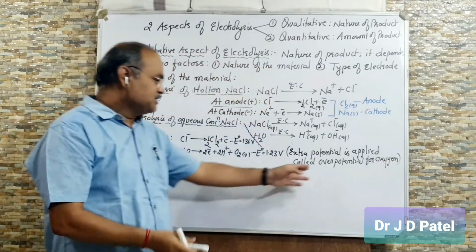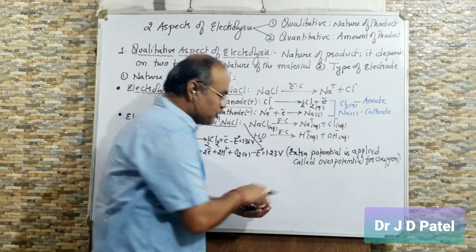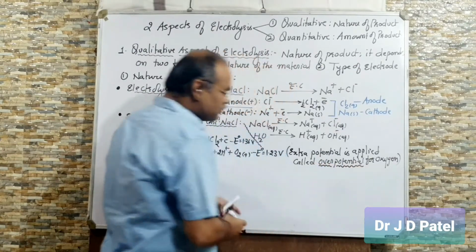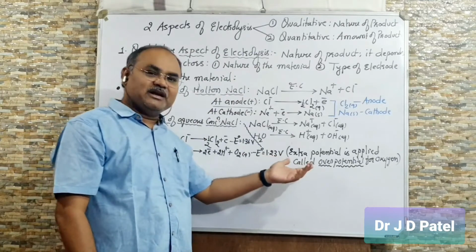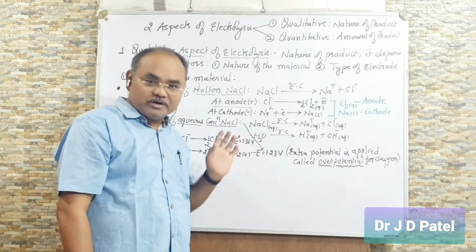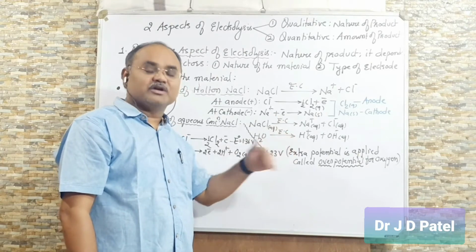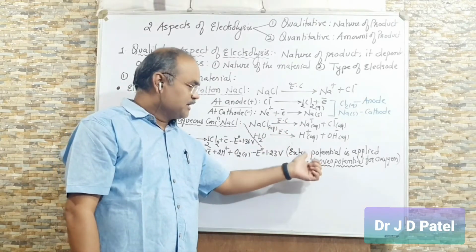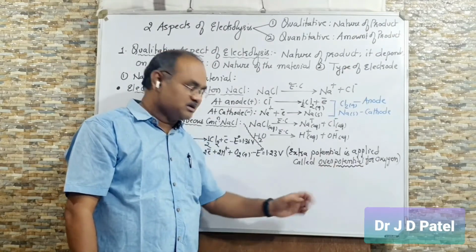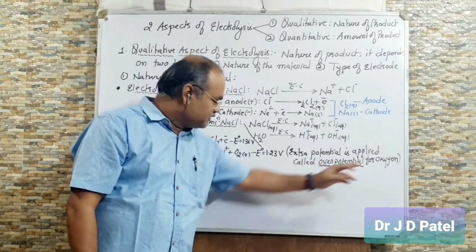What is over potential? Sometimes the electrochemical reactions are spontaneous, but they are very slow. So in order to make them fast, in order to increase their rate, we supply extra potential, and that extra potential which is supplied is called over potential. So over potential is for oxygen.